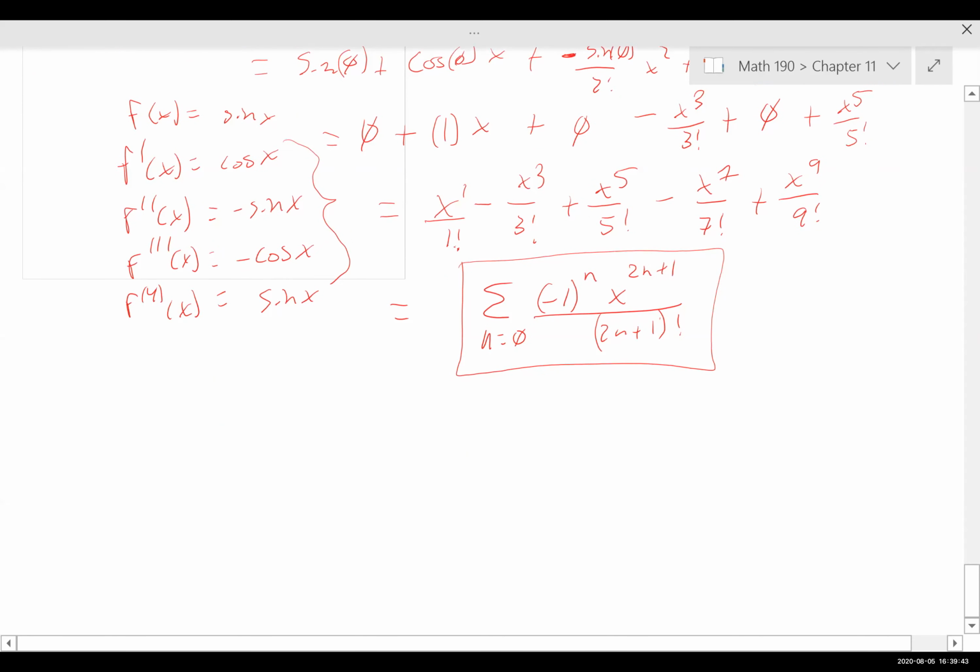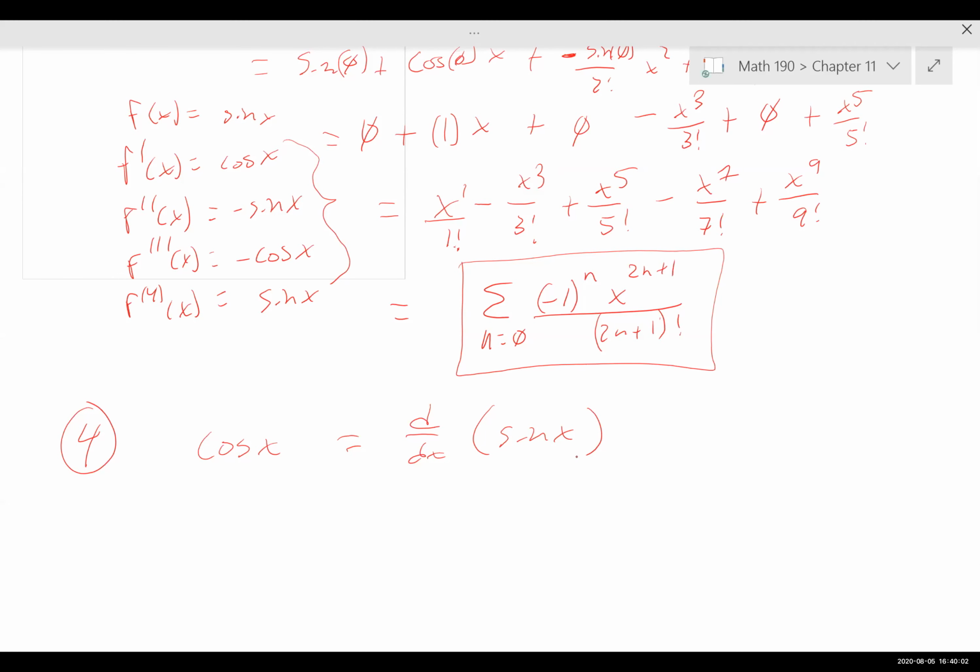Okay, what about cosine x? Well, we're going to cheat for cosine x because cosine x is equal to the derivative of sine x, and we said that we could take the derivative of a power series.